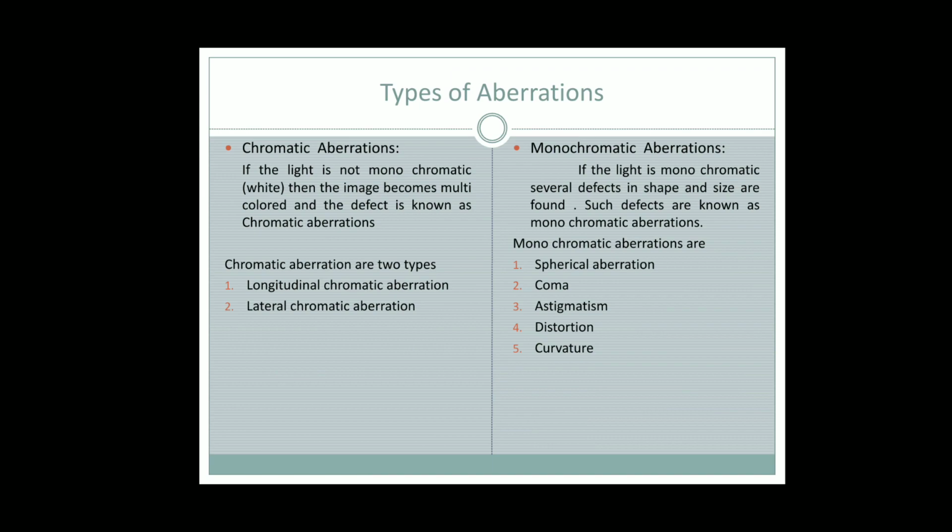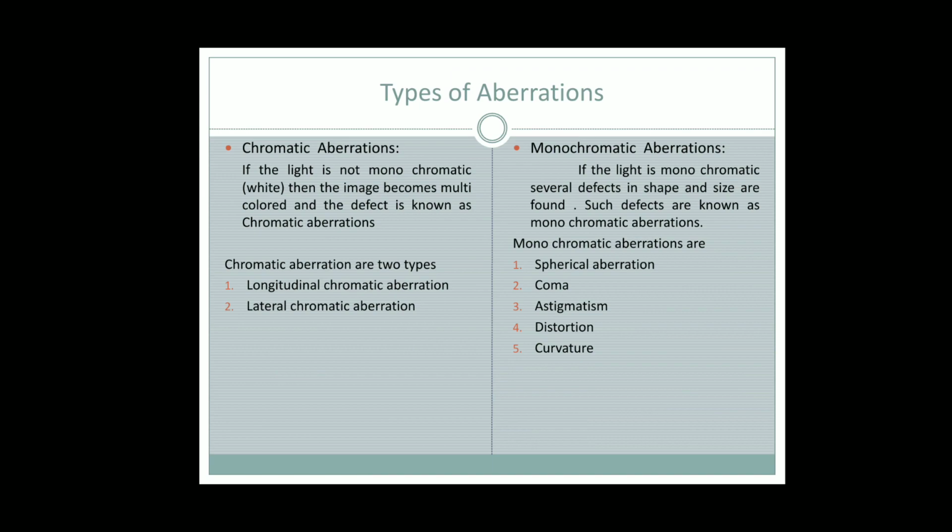So what is monochromatic aberration? If the light is not multicolored, if the light is monochromatic, that is, a single color, also called a single wavelength, the image formed by the lens is not a perfect image; its shape and size may be changed. This type of defect is called monochromatic aberration.